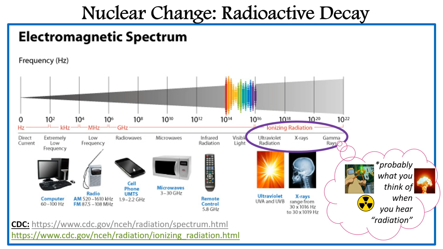So, radiation is a term that gets used in science, and it's also a term that you probably hear in your everyday life. Most of us hear radiation and we know that it's bad. That said, you also are now familiar with the electromagnetic spectrum and electromagnetic radiation, and you've learned that that's just kind of like light, it's energy, and that you have a relationship between frequency and wavelengths.